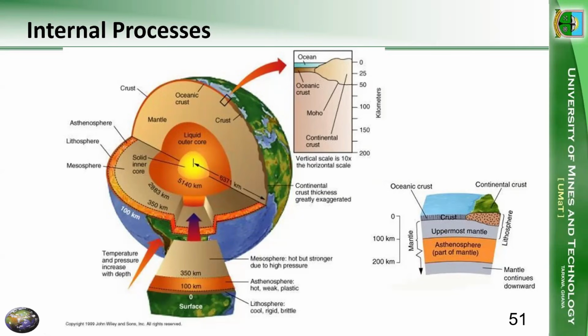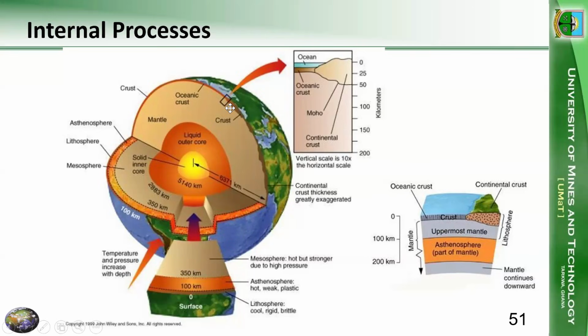Between the crust and the mantle, we have a separation, and we call that the Moho, or the Mohorovičić discontinuity. That's between the crust and the mantle.